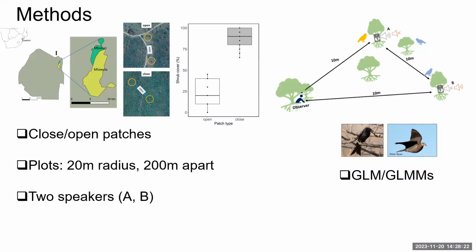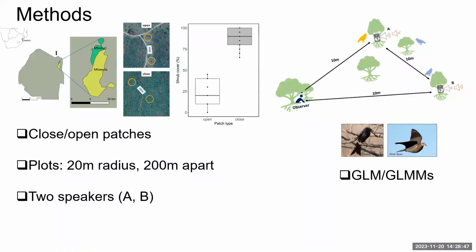and had two devices connected via Bluetooth to the speakers. The idea there was, so we played maybe a drongo, a dove call, and the idea was to observe birds approaching speaker A. So birds that approach speaker A, maybe 10 meters radius, were considered to be interacting with the speaker.